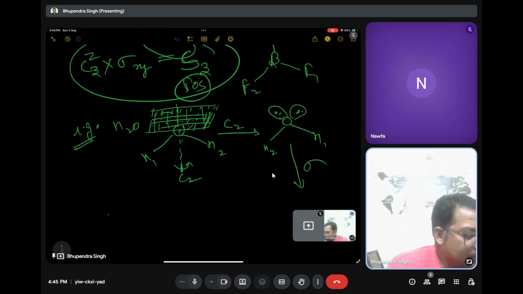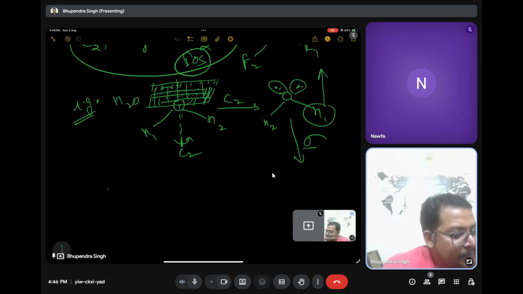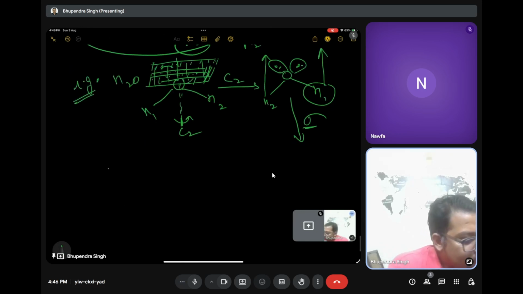So what will happen? If you apply sigma, the plane is like a mirror. This will go that side, and this will go this side. So this water molecule orientation will look like this, H1, H2.